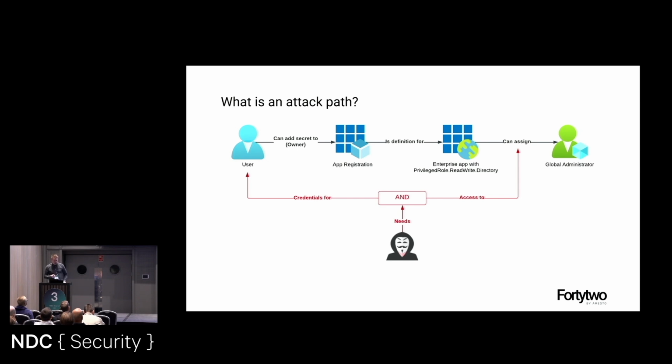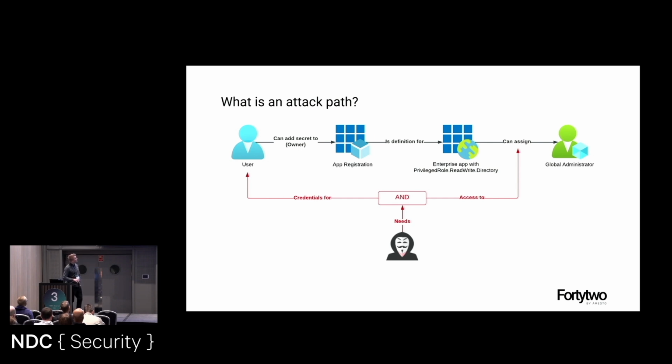If we, as a hacker of some sort, get access to a user account, and that can be through capturing a temporary session that you have for 10 minutes and need to find a way to plant a backdoor or something like that, but you have access to a user, then if you could, for example, find out that this user is an owner of an app registration or an app in Entra, then you have some more access, because the owner role is way more privileged than at least many people that I've talked to thought before I talked to them.